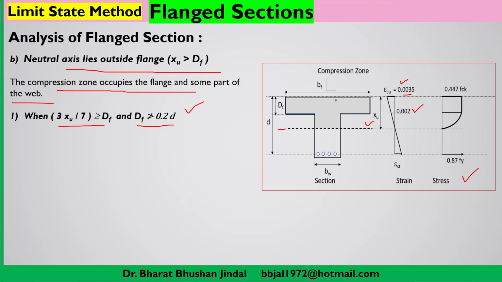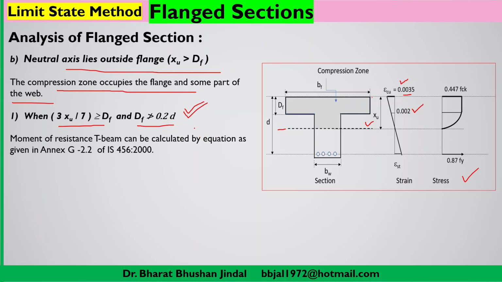More detailed information is out of the scope of our syllabus, so I am not going into such detail. And if this first condition is satisfied, then you can easily calculate the moment of resistance of the T section from Annex G, and you can refer to clause G 2.2 of IS 456.